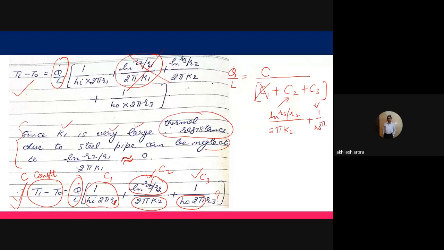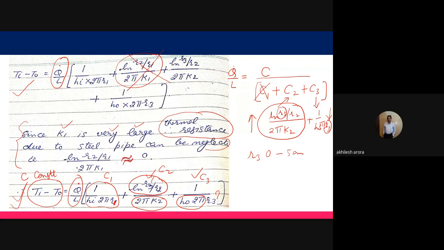You can see here this value of R3 is in the numerator, whereas this value of R3 is in the denominator. What will happen if I increase the value of R3 from 0 to say 5 centimeter? This value will increase, whereas this value will go down. So naturally, what will happen to the heat transfer rate per unit length?